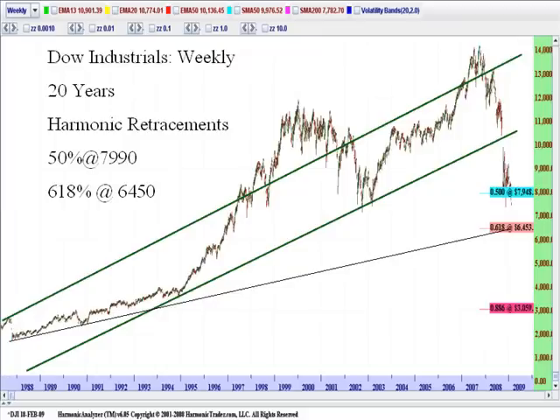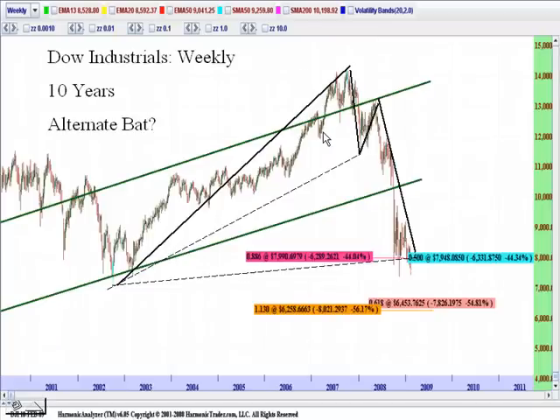We have a few other numbers and pattern completions down here, but simply looking at the charts and where, like a magnet, this is being drawn to, once we had the violation at 7,900, really the next place to look was the 618 at 6,400, and it's actually even lower than 6,400.